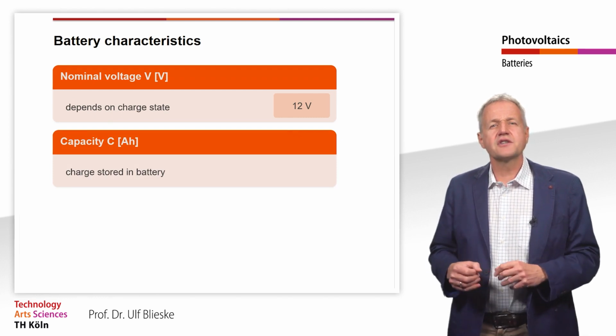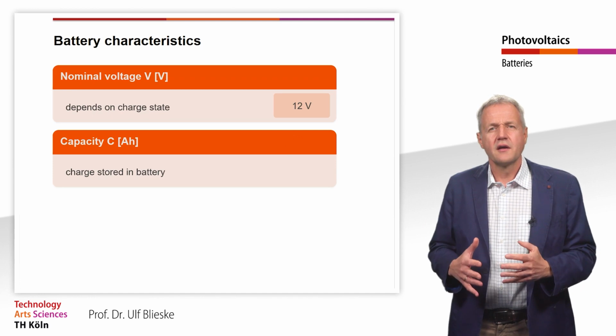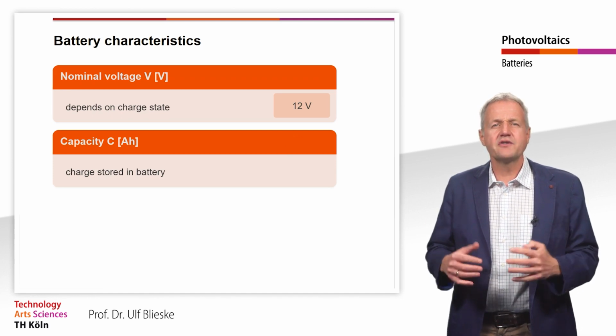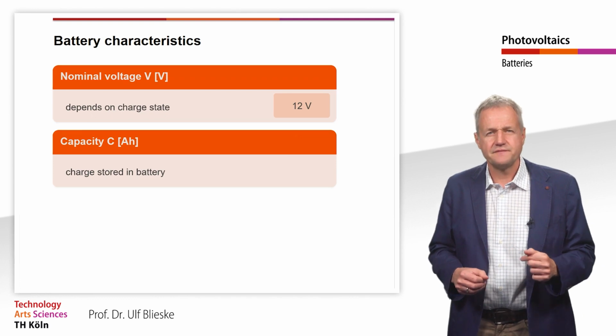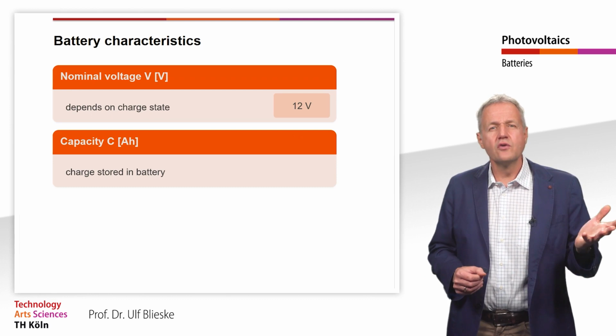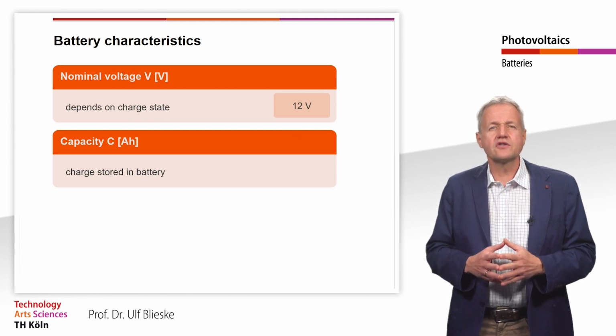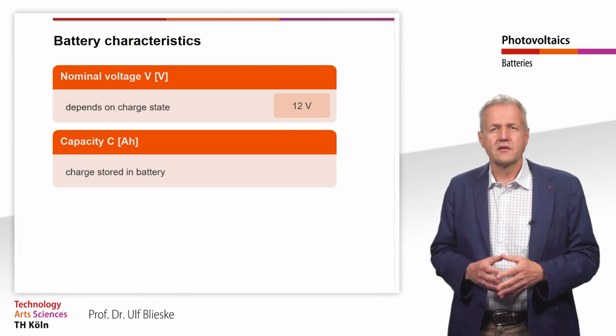The electric charge is usually measured in units of coulombs, but the capacity of a battery is often expressed in units of ampere hours. Since the unit of amperes equals coulombs per second, one could of course convert this specification to coulombs.